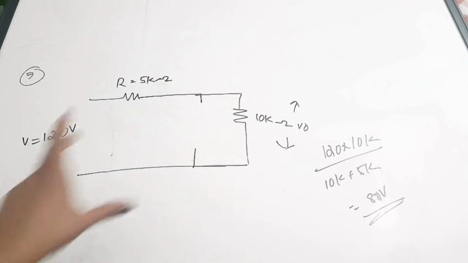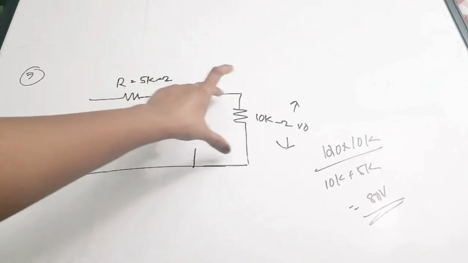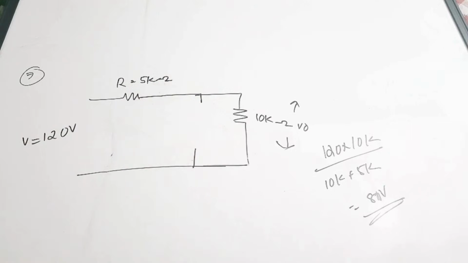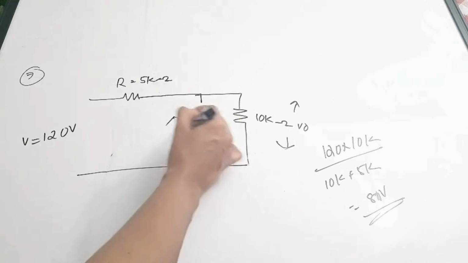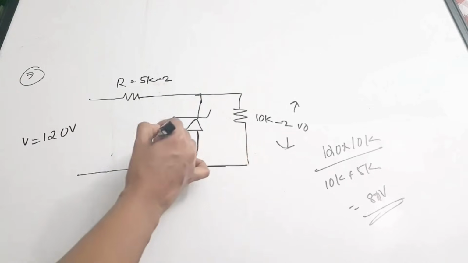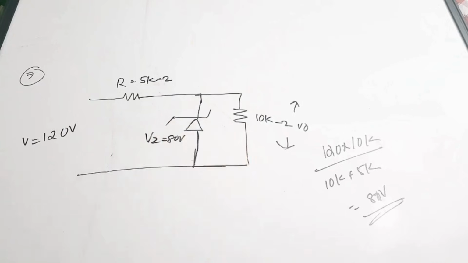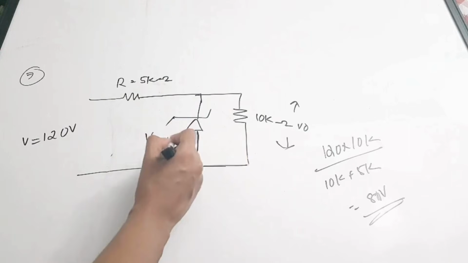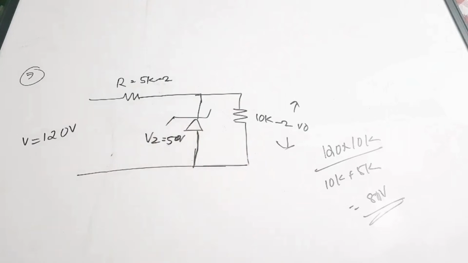That is 80 volt coming across the 10K branch. The same voltage will come across the Zener diode also. So the Zener diode is getting sufficient voltage to undergo breakdown.